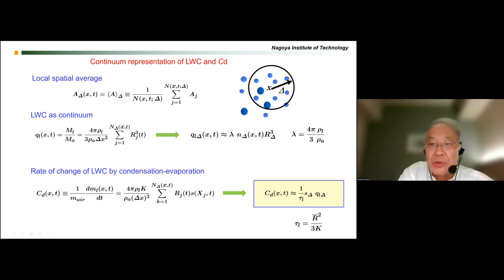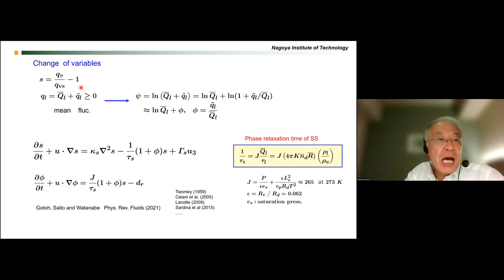With these two equations, we now change the variables from QV to S and from QL to phi. We assume that this phi is very small when compared to the other quantities.